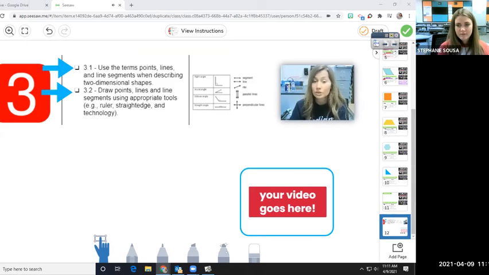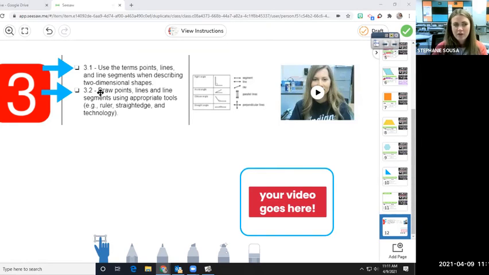Were you able to describe 2-dimensional shapes using these vocabulary words? Tell us how you did today. Okay, so you're going to tell us how you did on the goal of using terms such as points, lines, and line segments to describe shapes and drawing those items. Okay, that is your independent work for today.